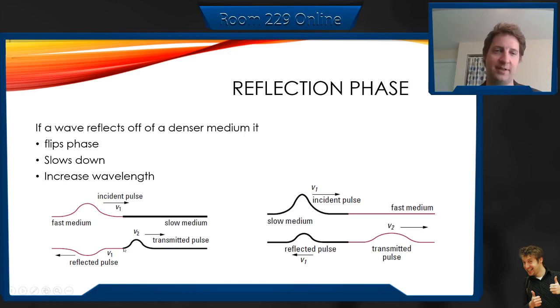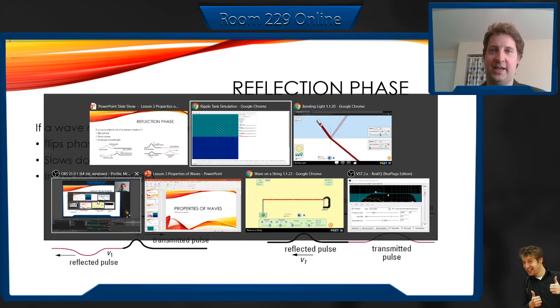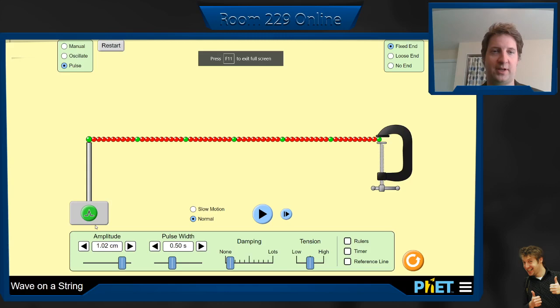And when it bounces off of there, it actually reflects its phase. If the wave reflects off a denser medium, it flips its phase. The one that travels through slows down, and its wavelength actually decreases. Sorry, that's a mistake there. The wavelength actually decreases.